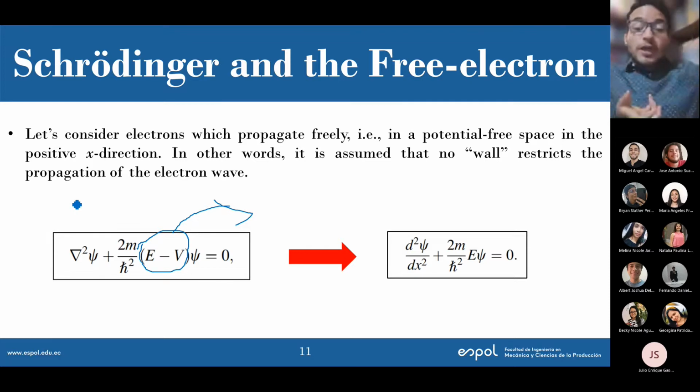It's absorbing and therefore blocking or restricting the movement of electrons. In this case, if we're considering a free electron, the electron moving completely around, that means there is no barrier, and therefore this term becomes zero.